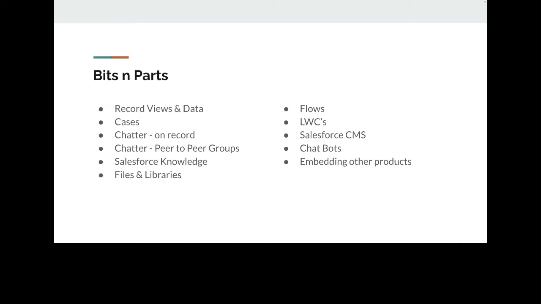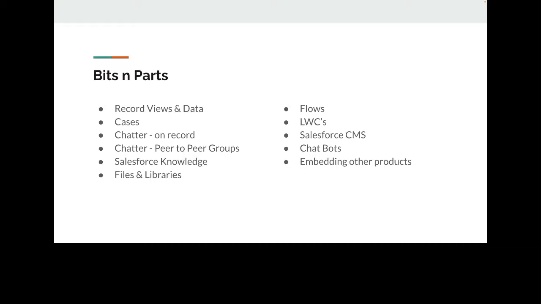Okay. I'm working on this one implementation, and they want some people out in the field to just participate in the chatter, but not write on the record, but the chatter is on the record. In this case, can you just pull the chatter in the community, even if they don't have access to the data on the back end?